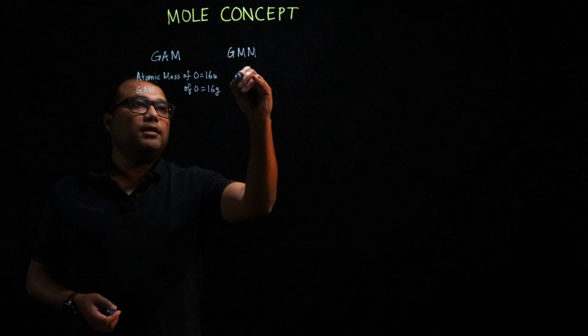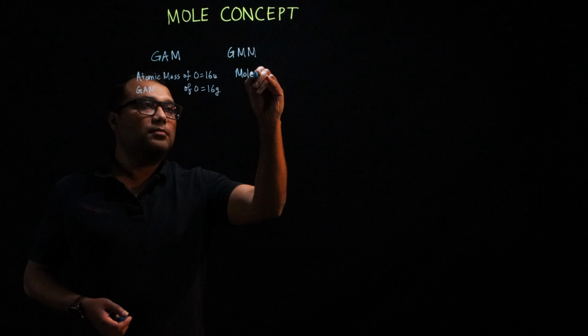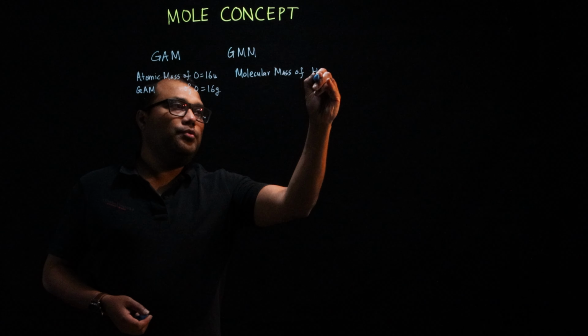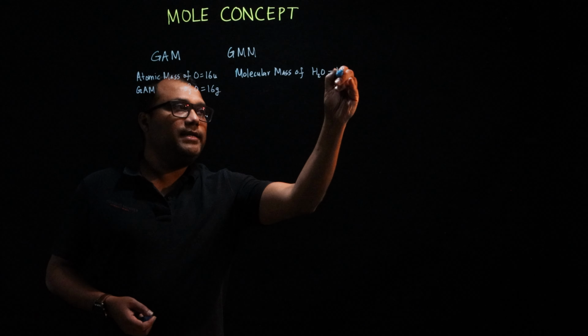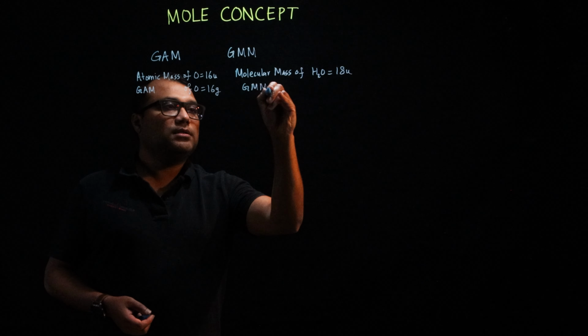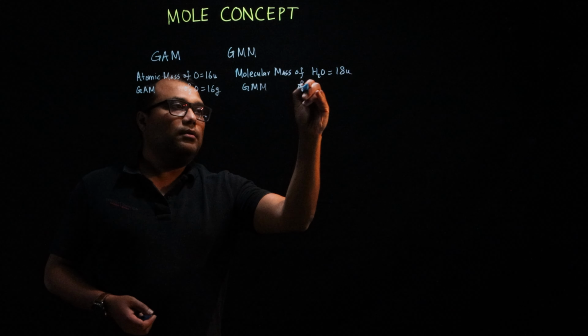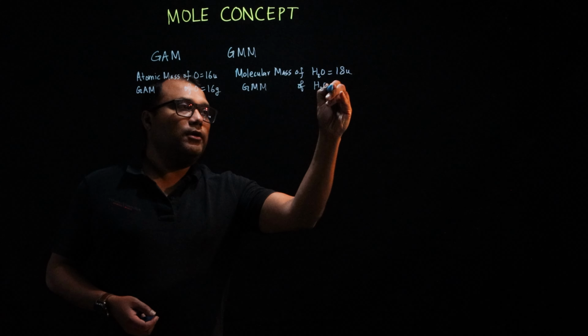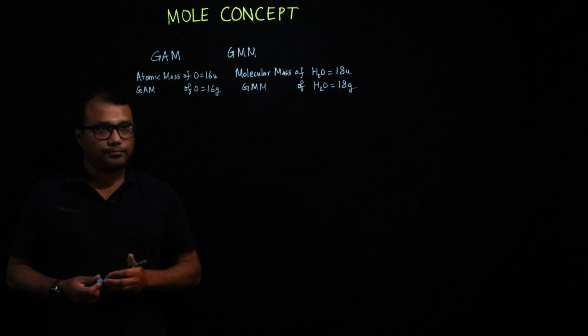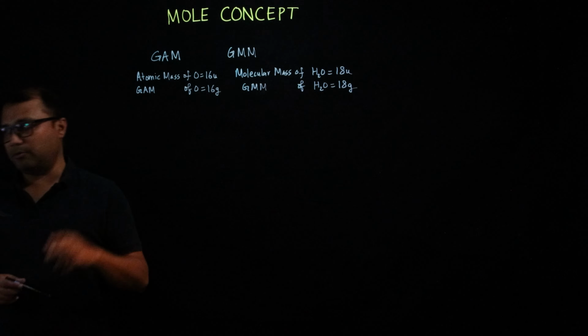Okay. Similarly, if molecular mass of, let's say, H2O we know is 18 u, we say gram molecular mass of water is 18 gram. Okay, so just remember these two terminologies.